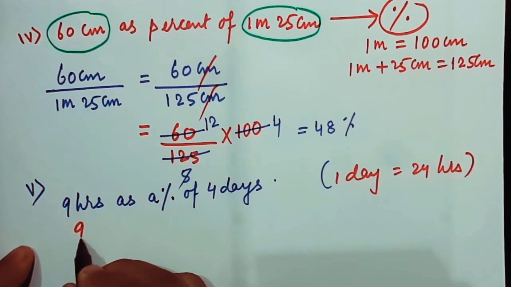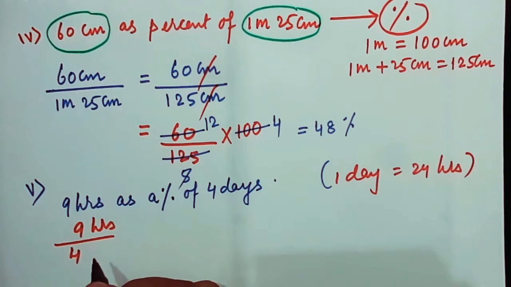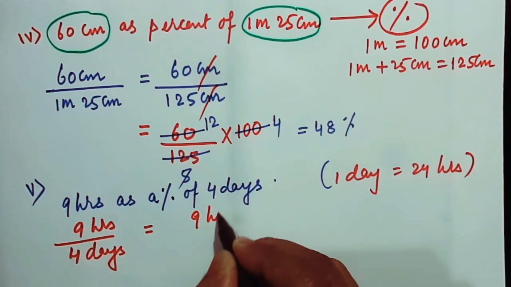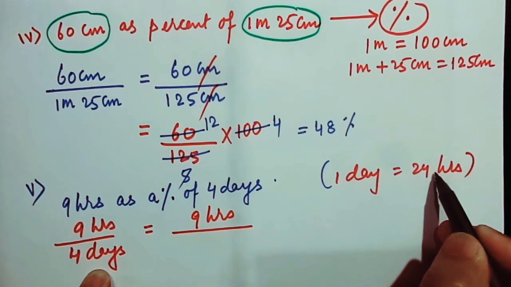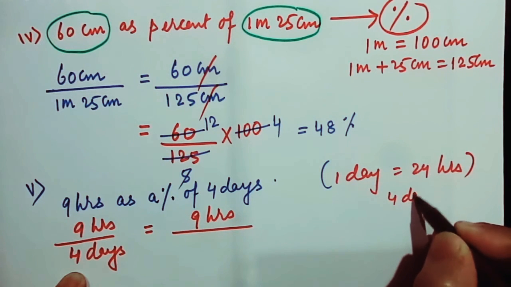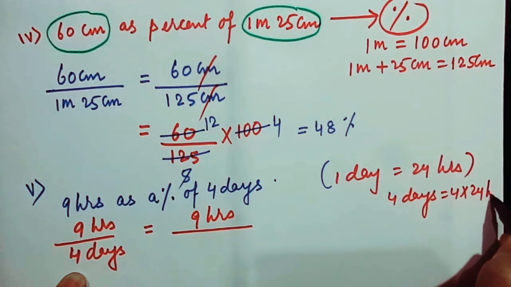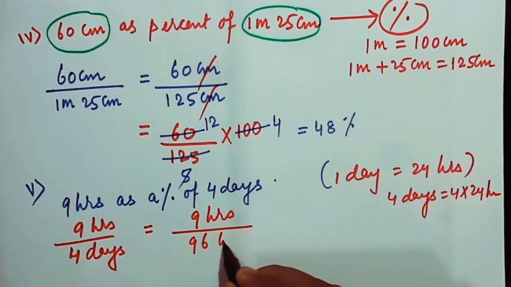So 9 hours by 4 days. 1 day is equal to 24 hours. Therefore 4 days will be equal to 4 into 24 hours. So here 4 into 24 will give you 96 hours.